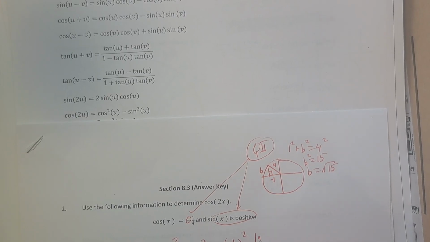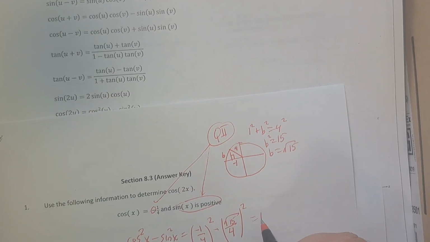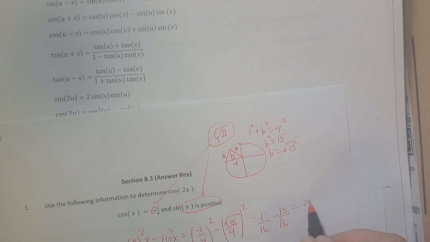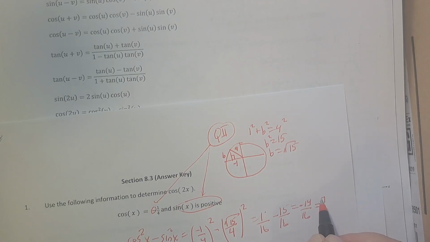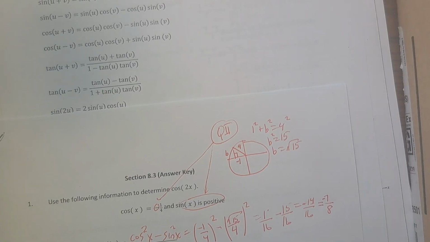Sine is opposite divided by hypotenuse. So that's just 1/16 minus 15/16 after you square those out, which is minus 14/16 or minus 7/8. So the answer to that first one is minus 7/8.